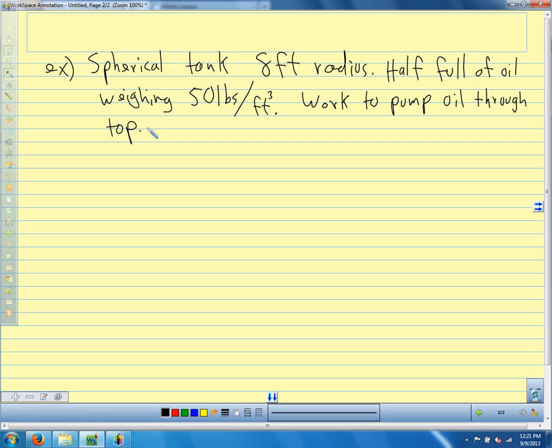So let me draw a picture here of our situation. So here's my tank. And here we are in the center. Here's the surface of the oil. And we know the radius is 8 feet.